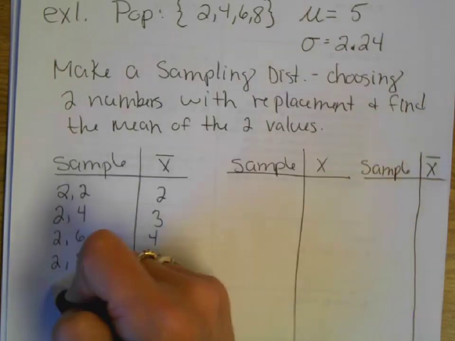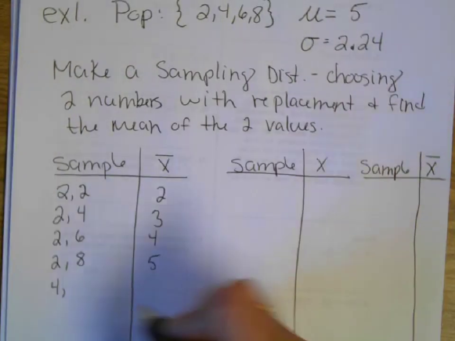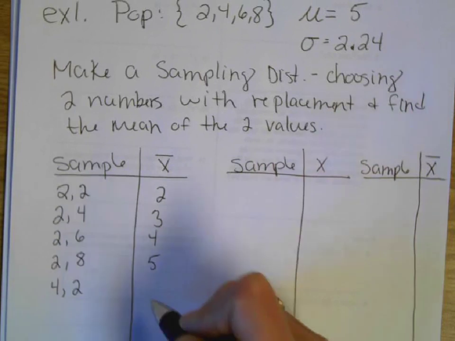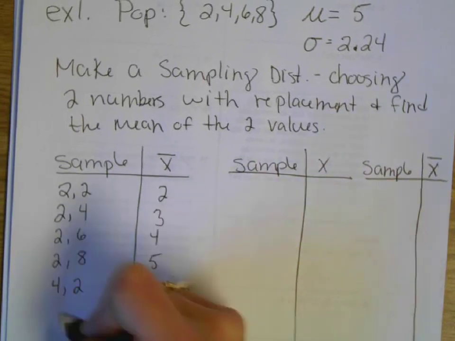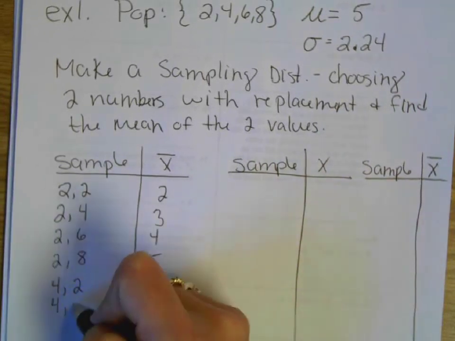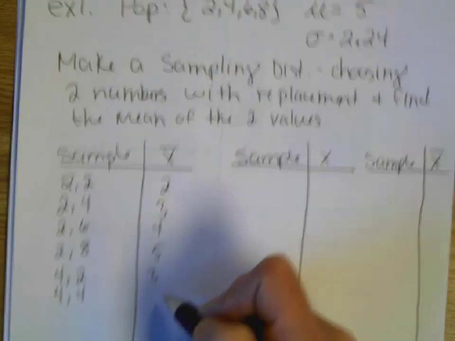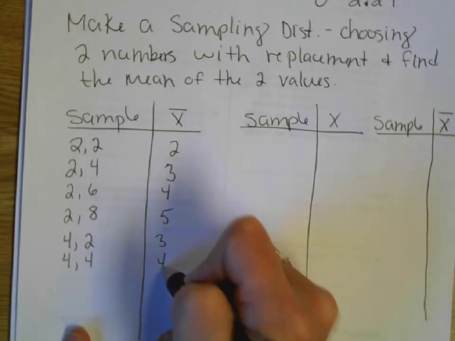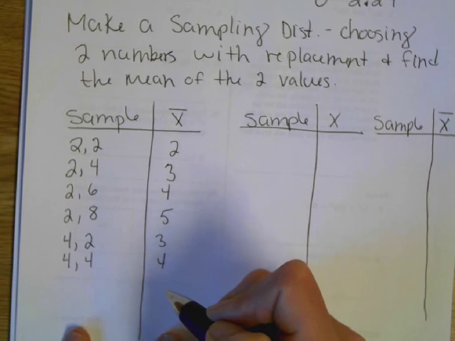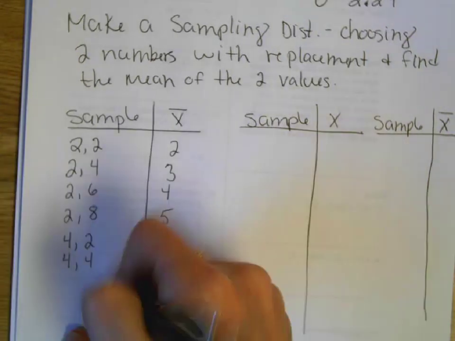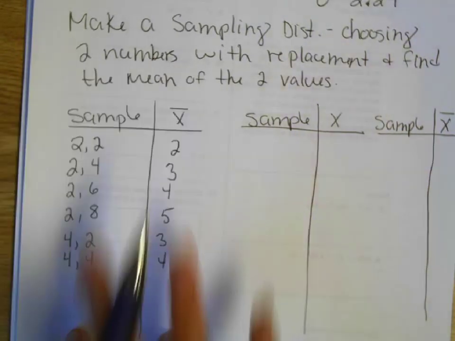Now we'll go with the 4 first. 4 and 2, average is 3. 4 and 4, average is 4. It's going to be all one big table.